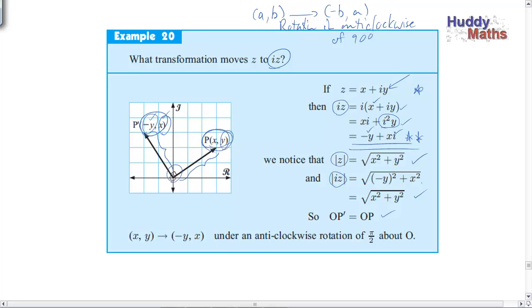It wouldn't change, but we are applying it now to a real and imaginary set of axes, an Argand diagram. So the lengths are the same, and the coordinates have interchanged, and the first one now becomes negative. So it satisfies the idea of an anti-clockwise rotation of pi on 2 about O, as it does back in circular functions work. All right, so that's an important trick. Can you see what we're doing?